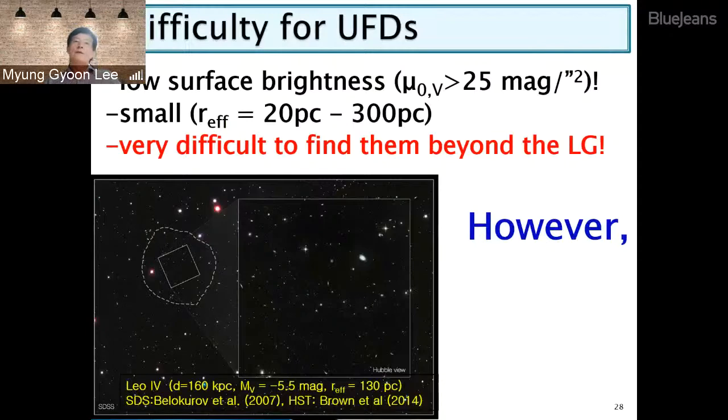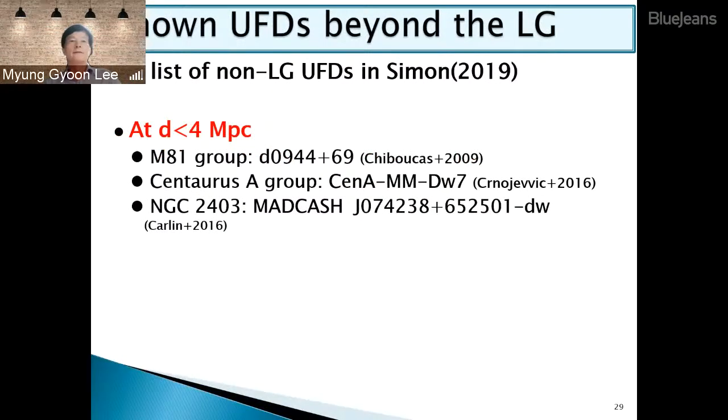But these UFDs have intrinsically very low surface brightness and are very small, so it is difficult to find them beyond the Local Group. However, astronomers found a few beyond the Local Group. In the M81 group, Centaurus A group and NGC 2403, 3 UFDs closer than a distance of 4 megaparsec.